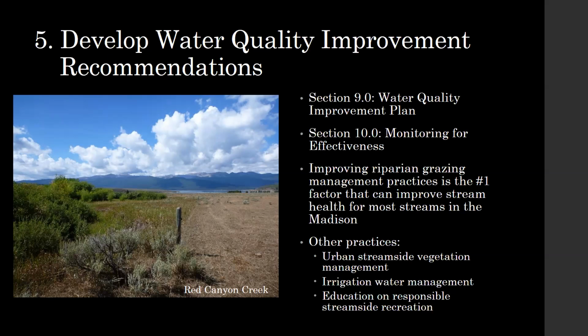And then we also recommend educational and responsible streamside recreation. This is for recreationists and fishermen who access the stream by walking along the stream bank. Sometimes this can cause degradation to the stream bank, and we just are recommending education on how to minimize those impacts.